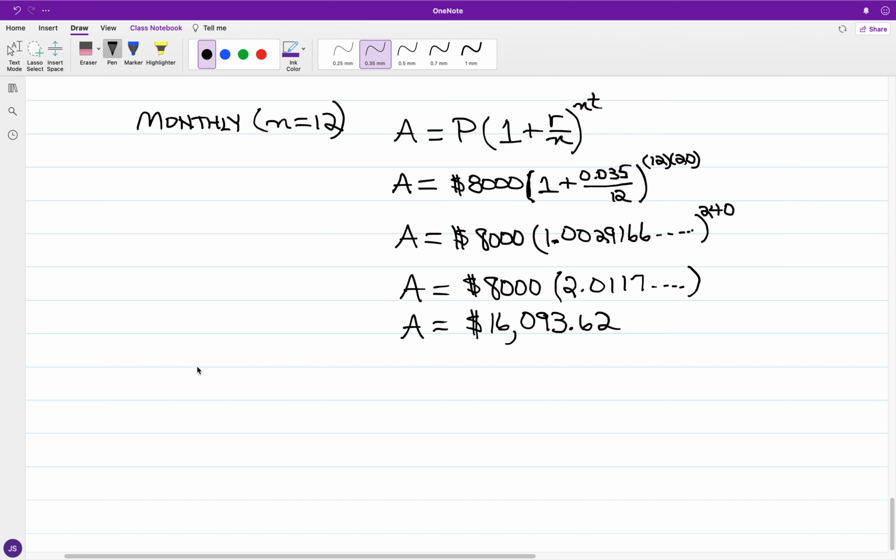And then sort of maxing out with daily compounding with the use of this formula. This time we have n at 365.